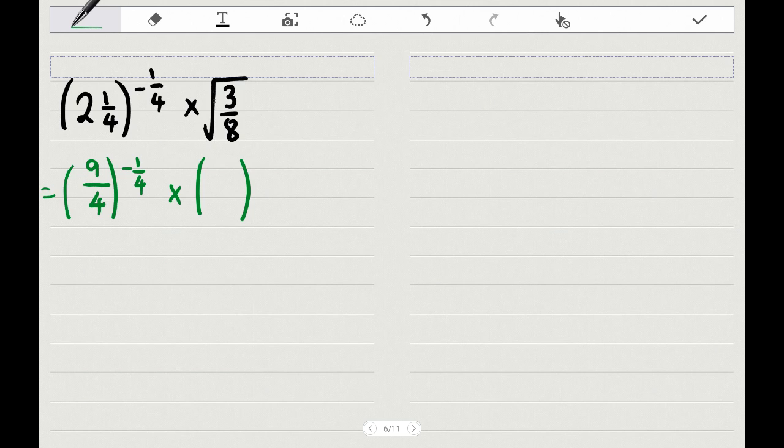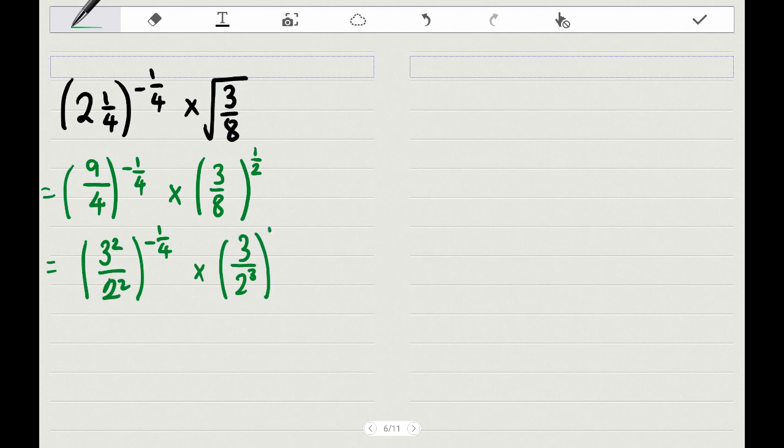Instead of writing the square root, I'm going to write it in exponent form, which is a half. You'll remember this from the last video because I did go over this. Then the next step is to break into prime bases. 9 is 3 squared and 4 is 2 squared, to the power of minus a quarter, times, and that's 3 over 2 cubed, to the power of a half.